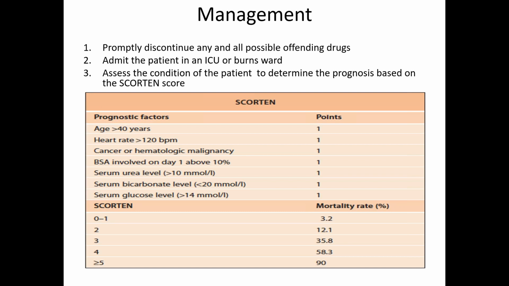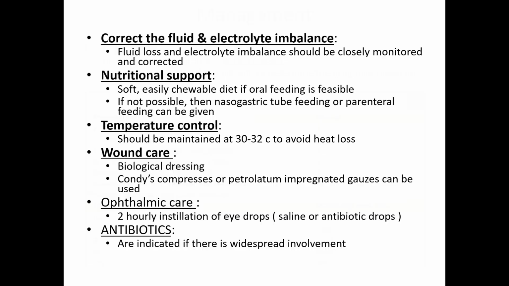Severity depends on the score: 0 to 1 is 3% mortality. If it is more than 5, mortality is 90%. So how will we manage this? Correction of fluid and electrolyte imbalance, nutritional support, and temperature control is most important.